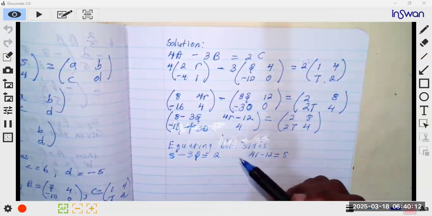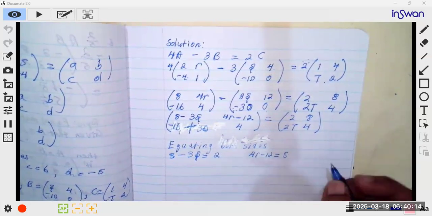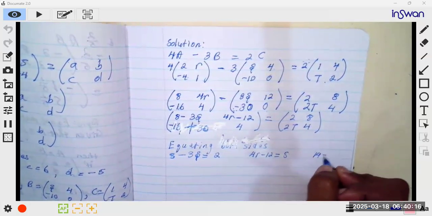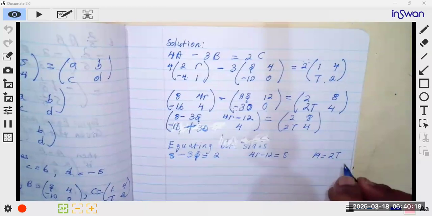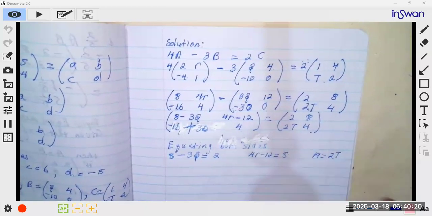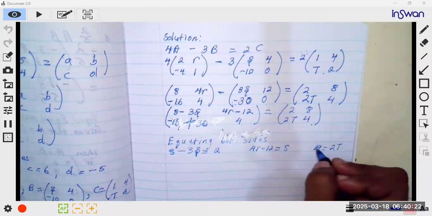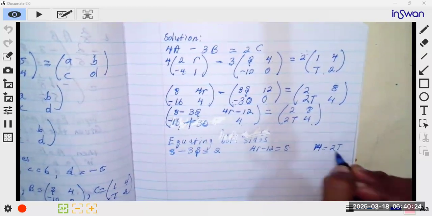Minus 16 plus 30, that'll be 14, is equal to 2t. Well, 4 is already equal to 4, right? So this is 14 is equal to 2t.